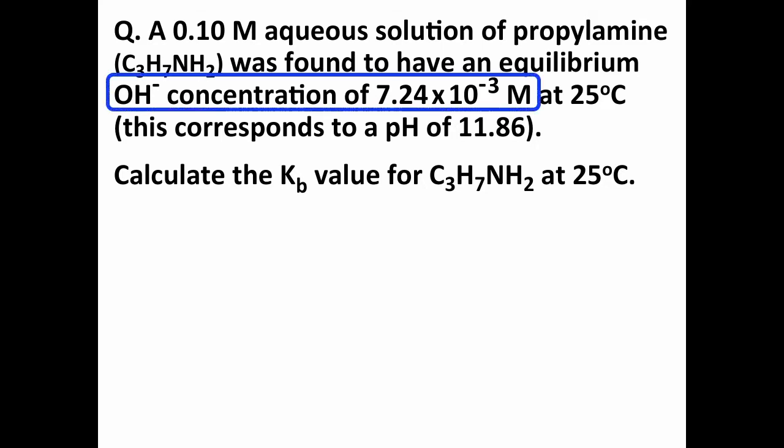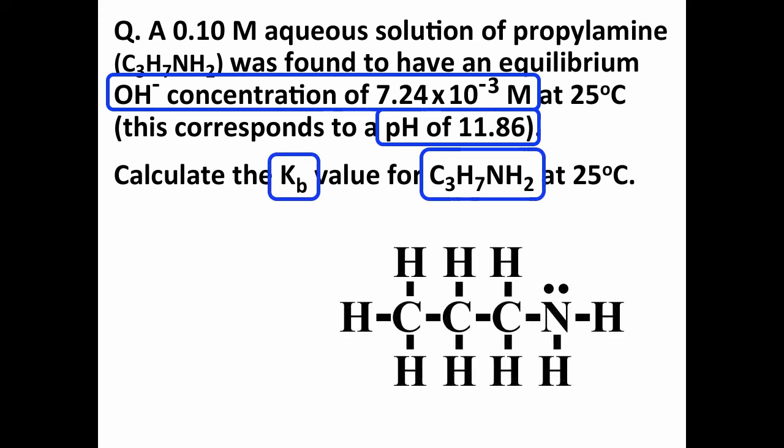Now note, we have a number of things, including a reasonably high OH- concentration, a pH that's above 7, a Kb value, and then the structure of propylamine looks like this.